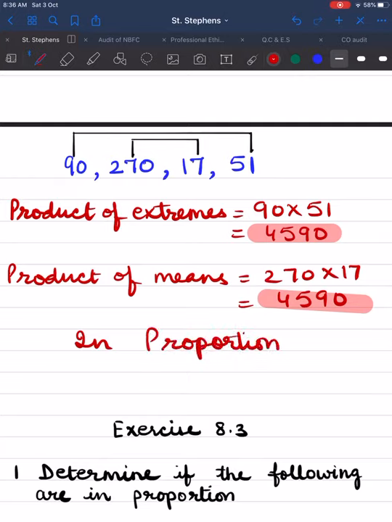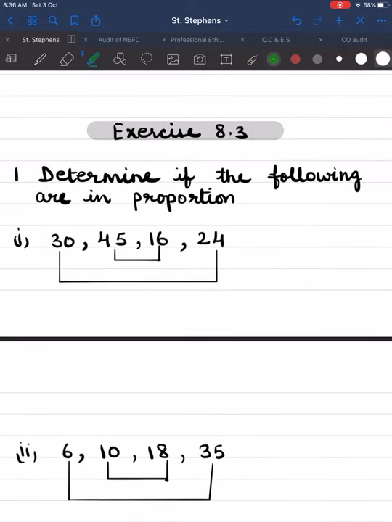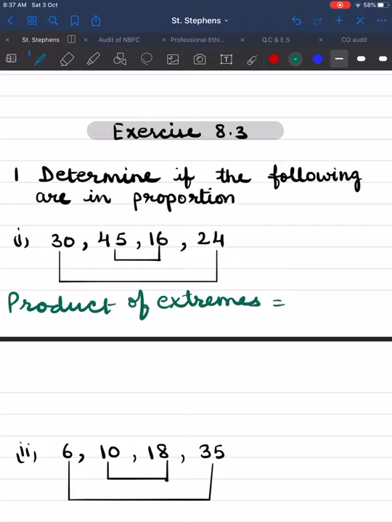Children, now let's begin exercise 8.3. First, determine if the following are in proportion. First part. Now children, for the numbers to be in proportion, the product of extremes is equal to the product of means. So here, the product of extremes is equal to 30 into 24.